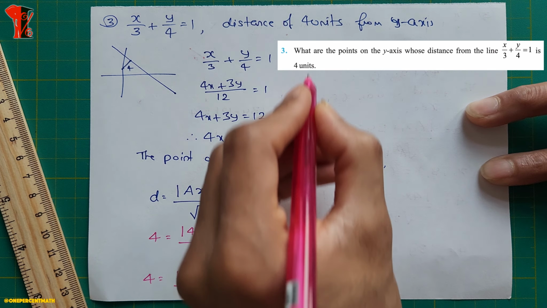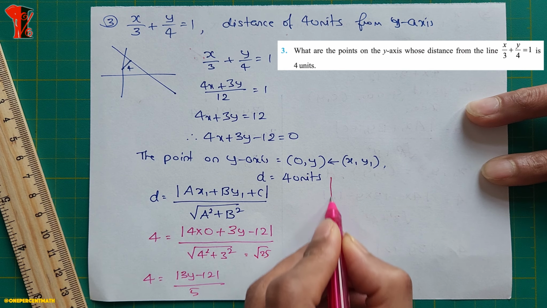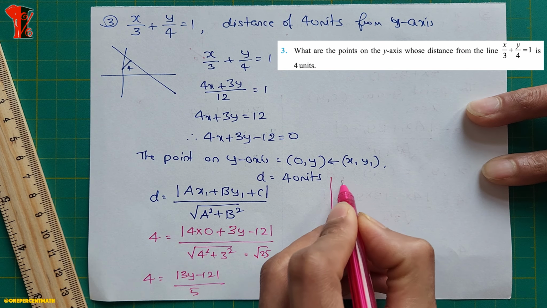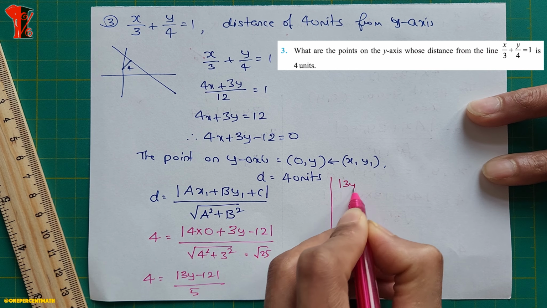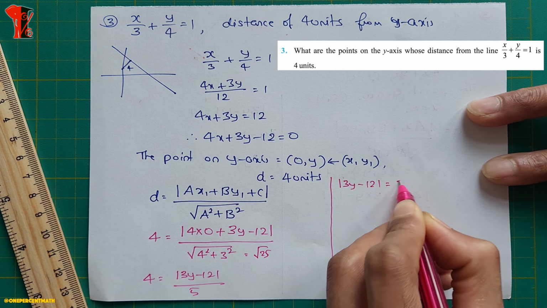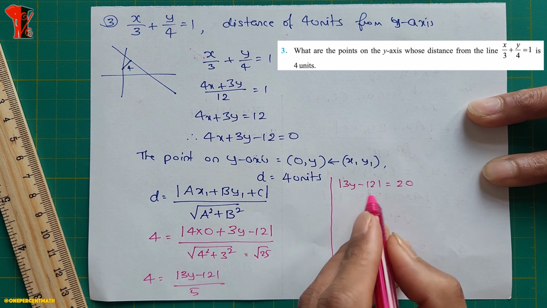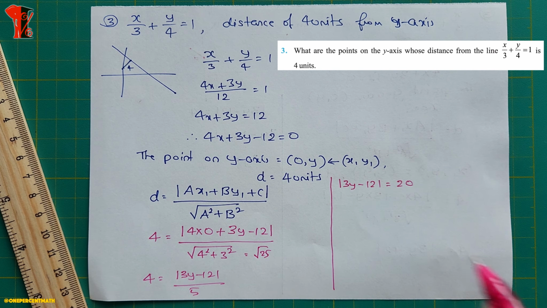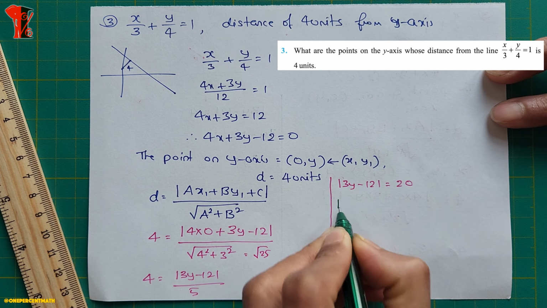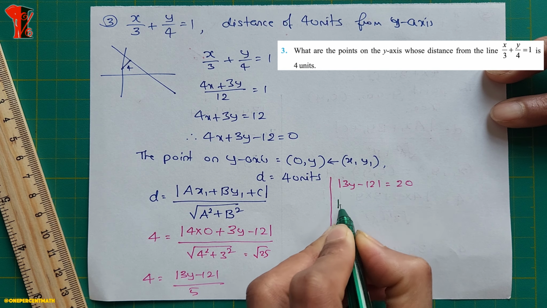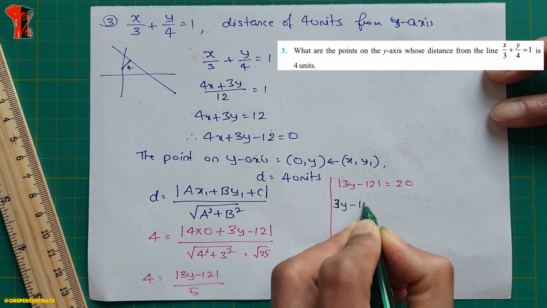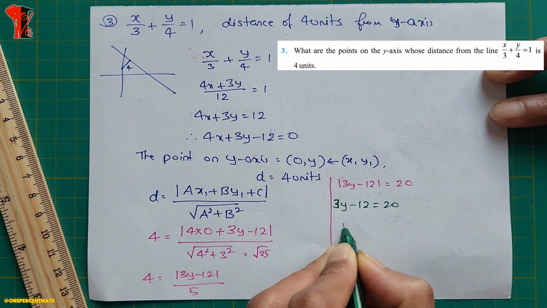Now let us take the 5 to the other side. If you take 5 to the other side, it becomes modulus of 3y minus 12 is equal to 20. Since there is a modulus, we will get two different answers for this, correct? That means two different cases. So let us take the first case, let's remove the modulus now: 3y minus 12 is equal to 20.